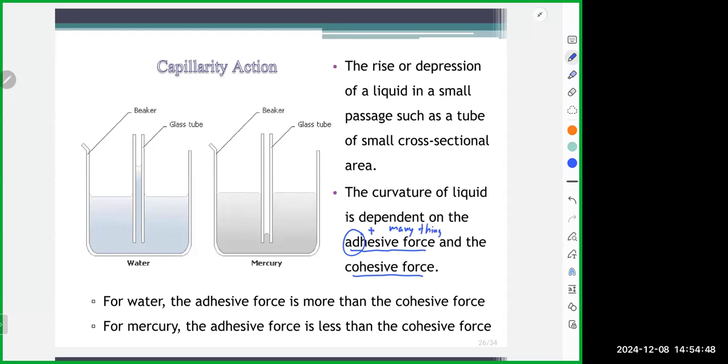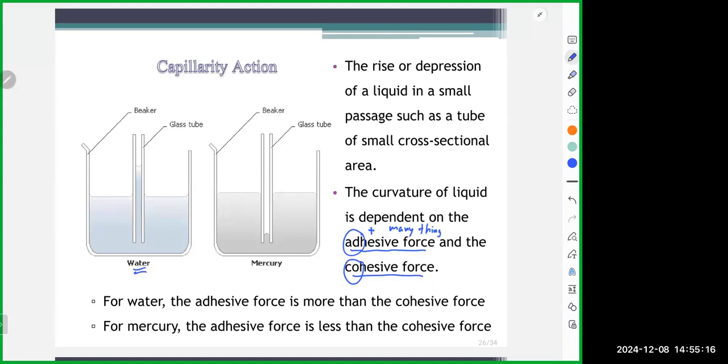So yes, adhesive force means the force between two different things. Cohesive force, co is like the same thing, the same team, something like that. So the cohesive force is the force between the same type. For example, water, right here.